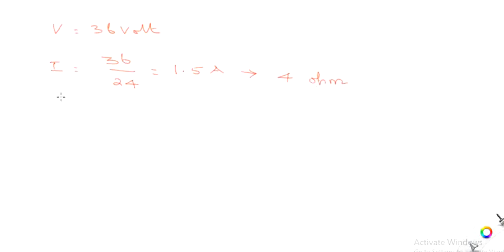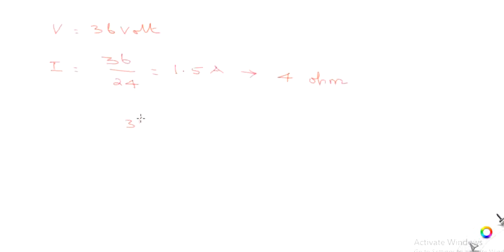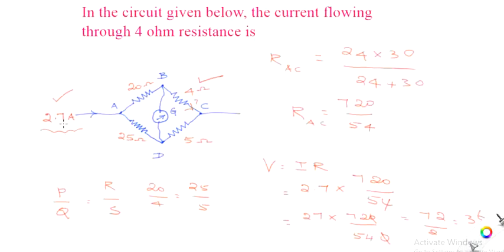And what will be the current in the other arm? In that arm, the resistance is 25 plus 5. That means 36 divided by 30, which is equal to 1.2 ampere. That means if you add 1.5 plus 1.2, which is equal to 2.7, that is your total current. 2.7 is dividing into 1.5 and 1.2 ampere.